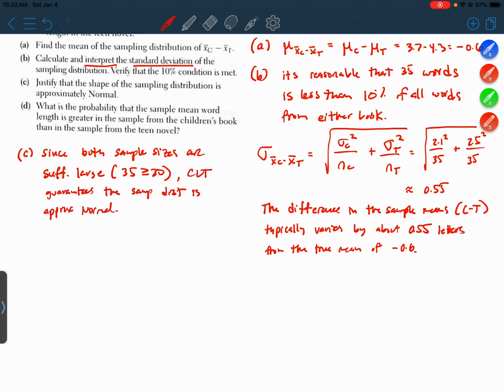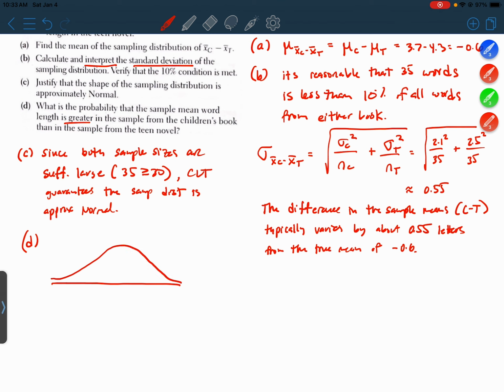All right, so all of this I think was a lead up to part D, where we're now going to calculate a probability. So what's the probability that the sample mean word length is greater in the sample from the children's book than in the teen novel? All right, so because in part C we said the shape's approximately normal, we'll start with that sketch.